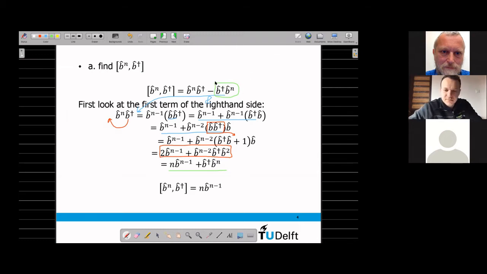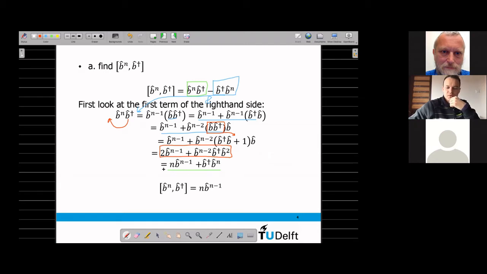Yes, sorry, you're right. I made the mistake initially. Yeah, it's this term, you're correct. And what we need to do is to subtract this term from our final result here in order to obtain the commutator below.